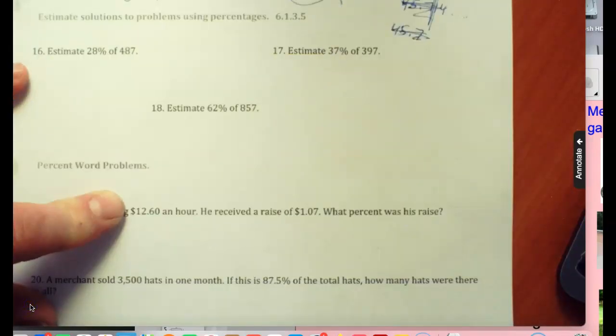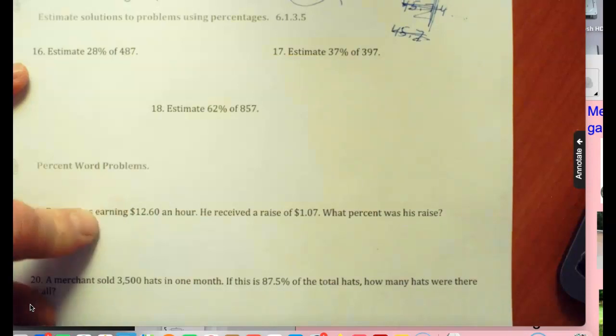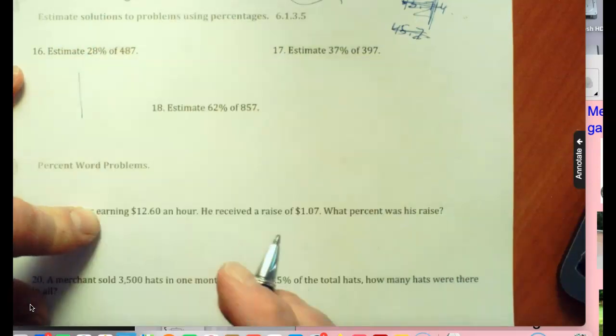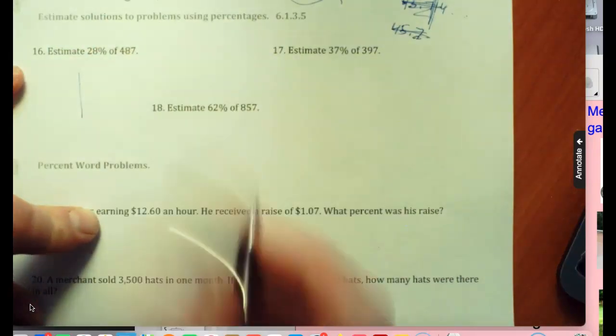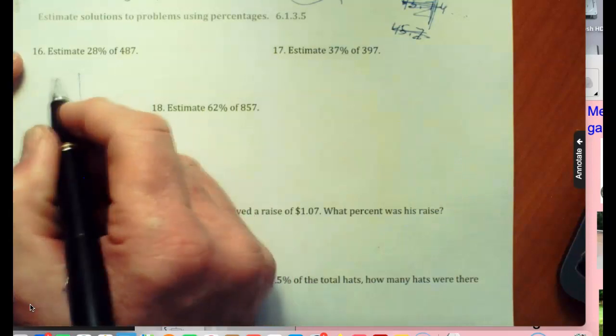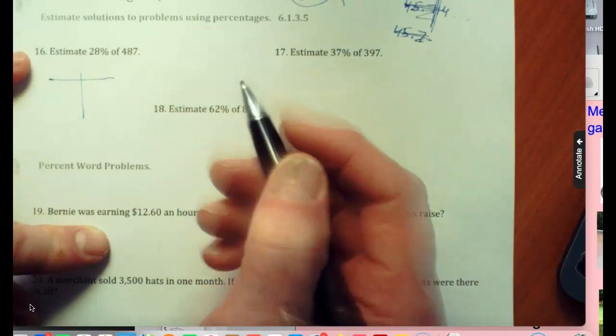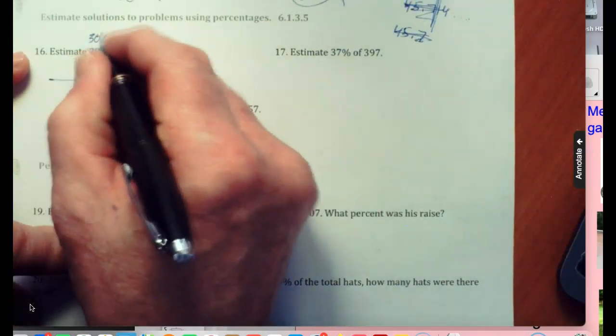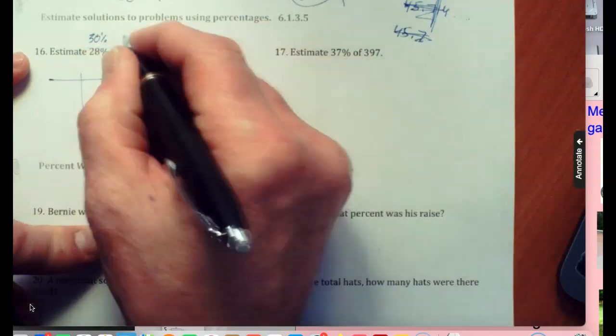Okay, so we're going to estimate some solutions here, and my strategy may look a little different from Mrs. Carlton's, but trust me, we've talked about it. We're really doing the exact same thing. She uses a T-chart, and I do as well. Instead of 28%, let's just call it 30% of, I would say, 500.